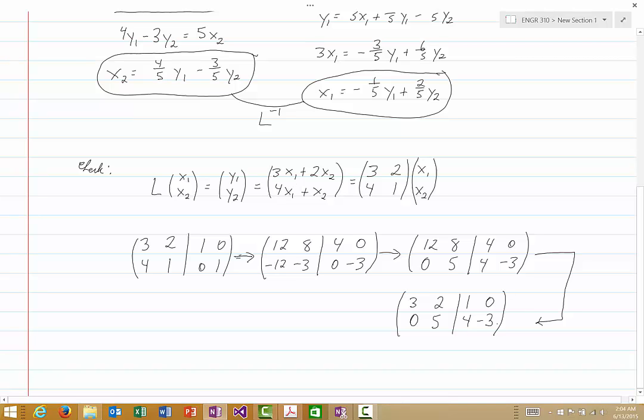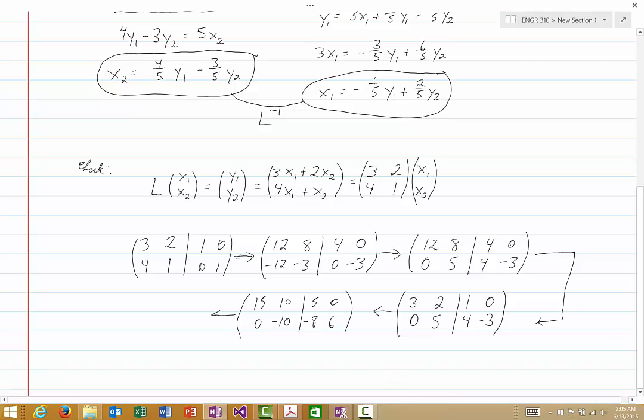And now if we multiply the top row by 5 and the bottom row by -2, let's see what happens. So we get 15, 10, 5, 0 when we multiply the top row by 5. And when we multiply the second row by -2, we will get 0, -10, -8, 6.